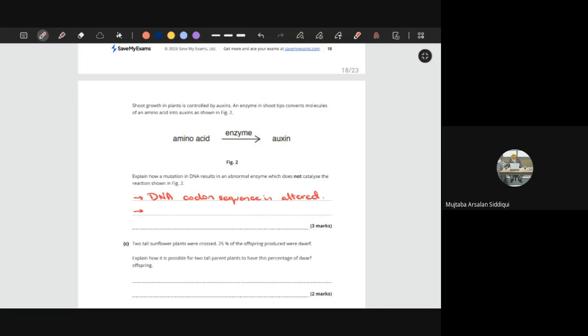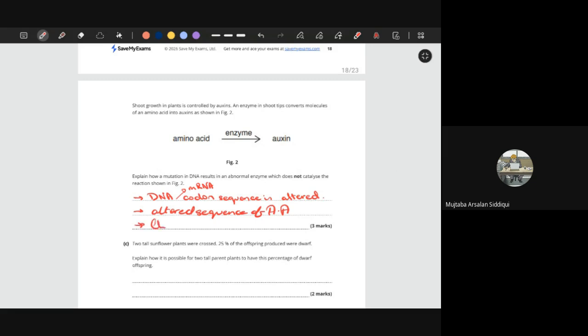So the DNA codon sequence is altered, right? Or you can say the mRNA codon sequence is altered, resulting in an altered sequence of amino acids, right?